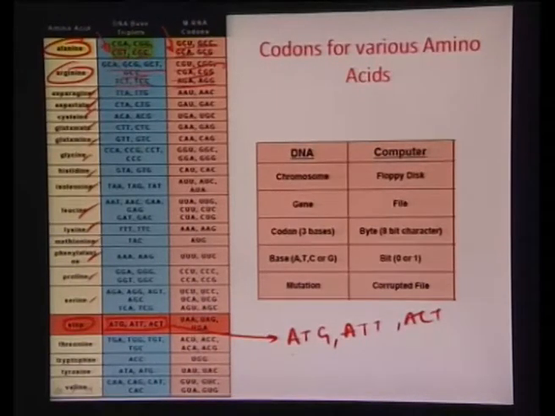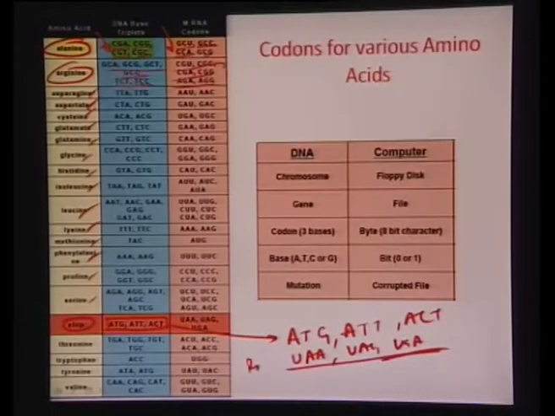This corresponds to an RNA sequence UAA, UAG, UGA, okay. So these are essentially the RNA triplets.